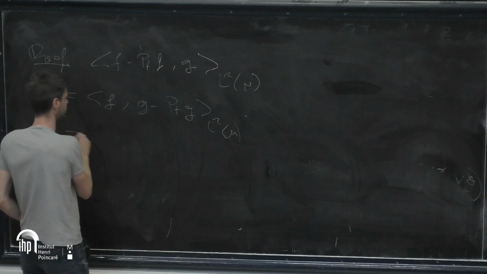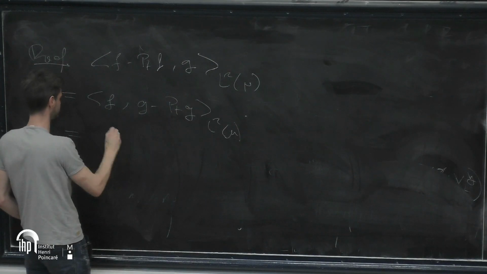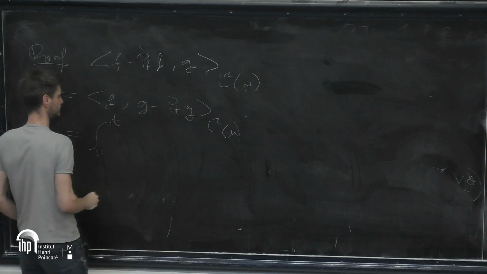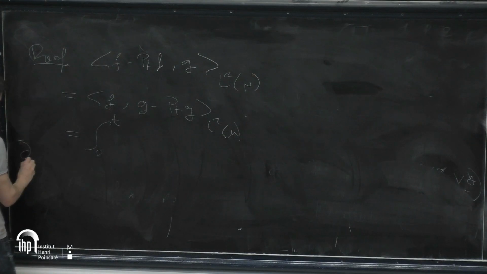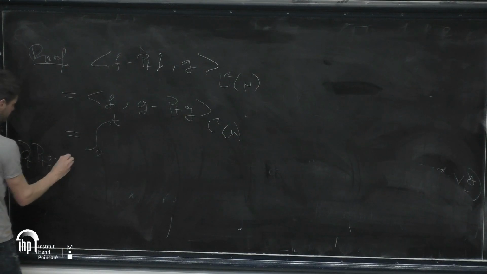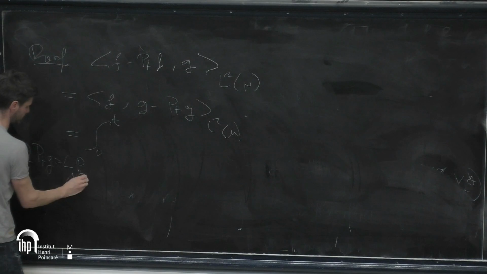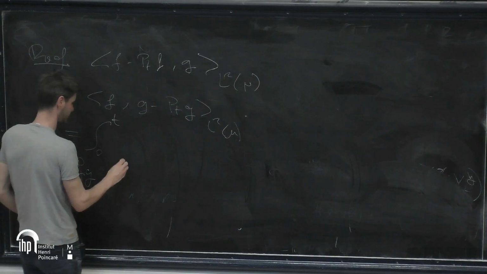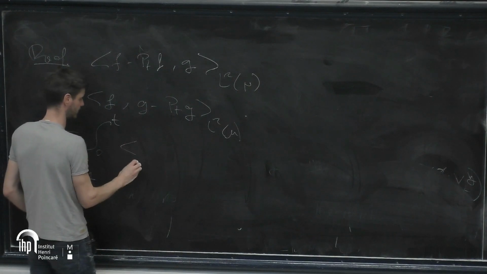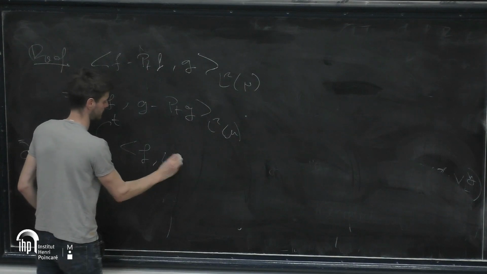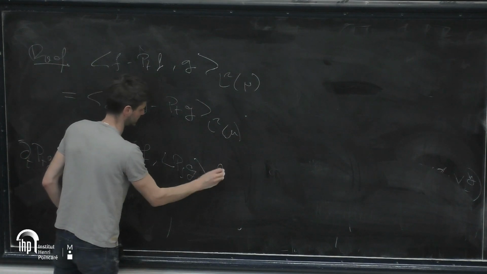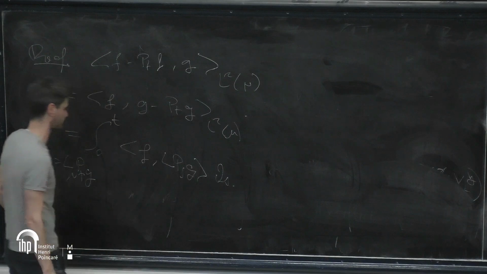The derivative of this is an integral from 0 to t. Recall dt PT g is L PT g, so this is the integral from 0 to t of f L PsG ds.